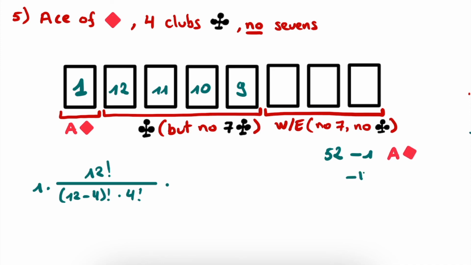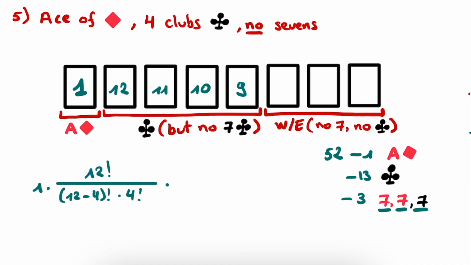Then we subtract 13 cards because we're not allowed to pick any clubs, because that would violate our constraint that there should be only 4 clubs. And then to end off, we subtract 3 because we're not allowed to pick any 7s. And the 7s that are remaining are the 7 of hearts, the 7 of diamonds, and the 7 of spades, because the 7 of clubs is already contained in this constraint right here.